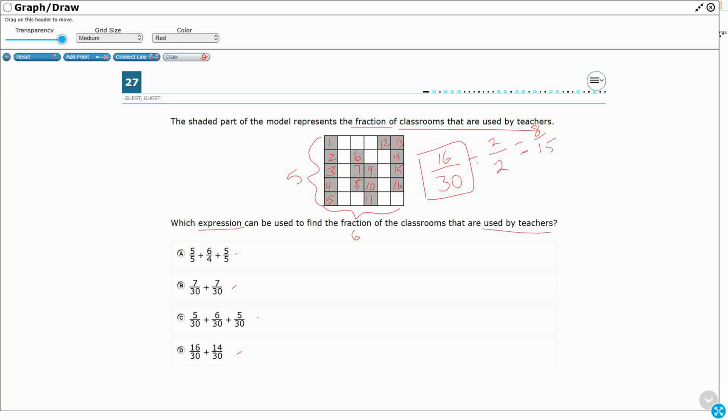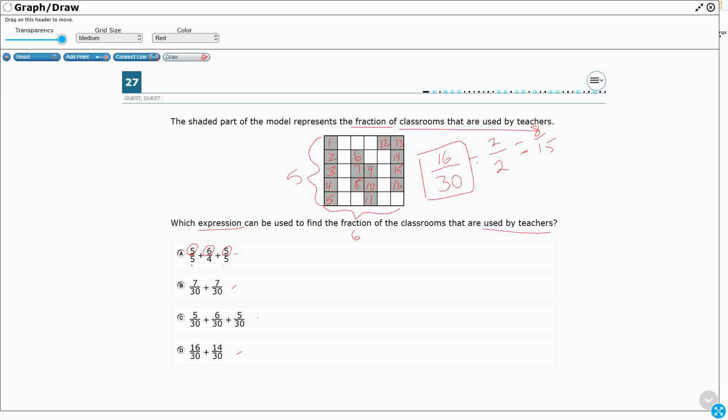If we take a look at A, we've got 5, 6, and 5. And if you add that, you are going to get 16. But this doesn't work right here. 5/4, you can't add just like this. You have to have the same denominator.